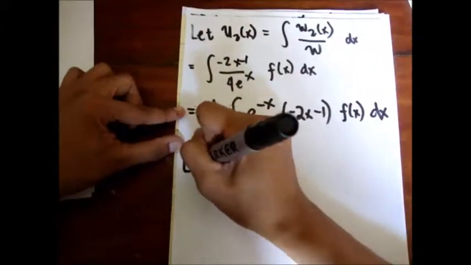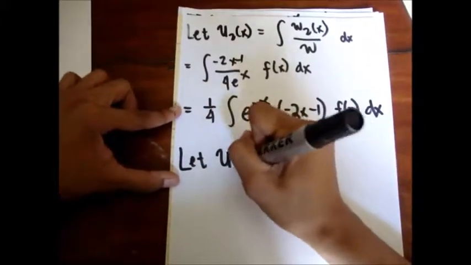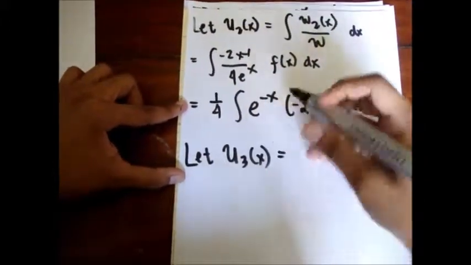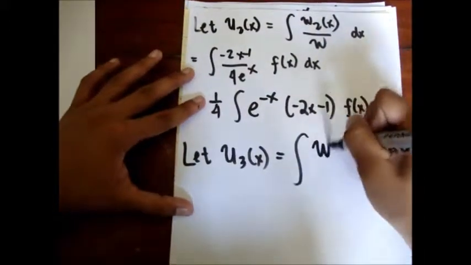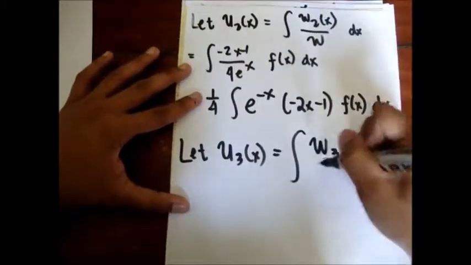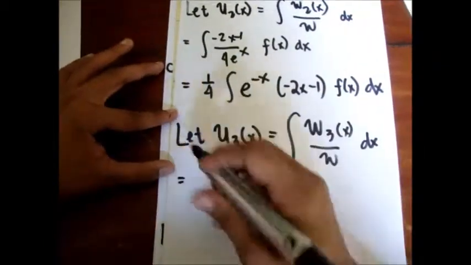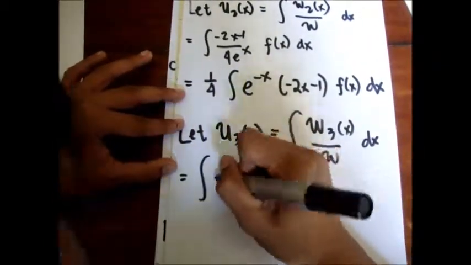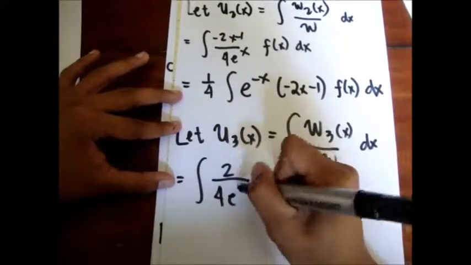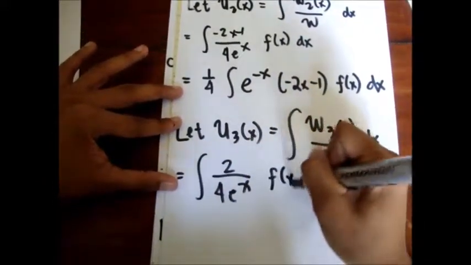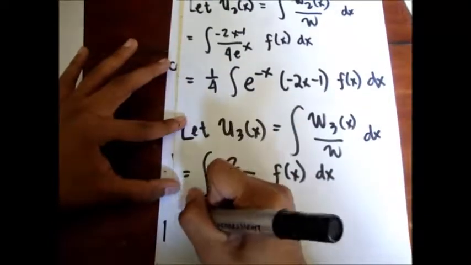The third one is let u3 of x equal the integral of W3 of x over W dx. So we get the integral of 2 over 4e raised to x, f of x dx.